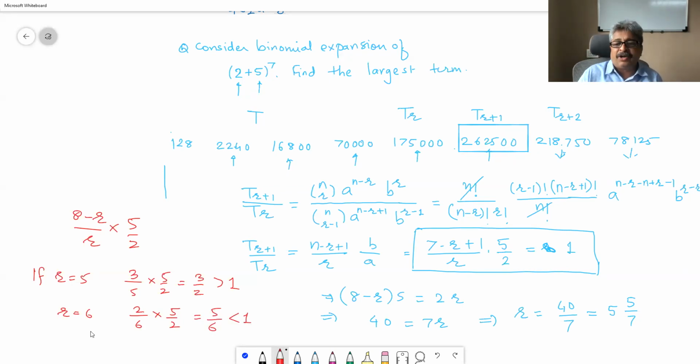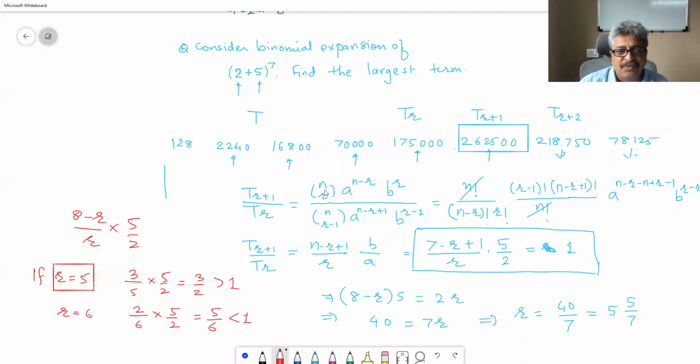Do you understand what is happening? The moment you put r equal to 6, that means the 7th term upon the 6th term is less than 1. The moment you put r equal to 5, it is the 6th term upon the 5th term, which is greater than 1. Therefore, we should fix our value of r equal to 5.